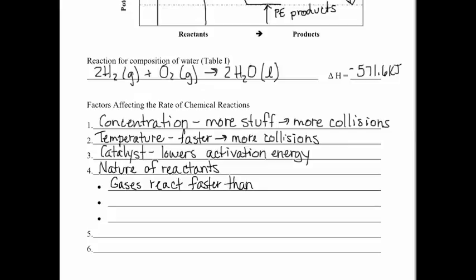Gases have more space to move around and they're moving faster than the molecules in a liquid. So if your reactants are gases, they're going to react faster than if they were liquids. Likewise, liquids react faster than solids.